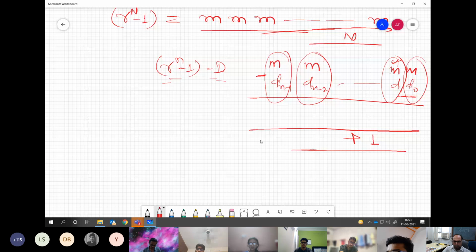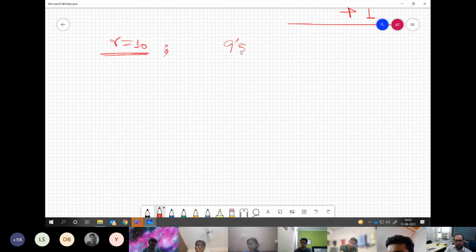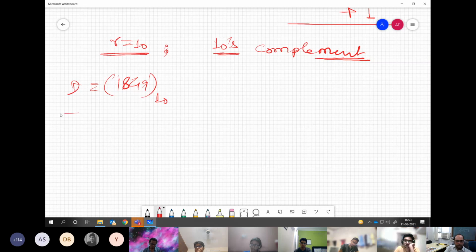So that is why, if I take the specific case of r equal to 10, we call this system 10's complement. So what we will do here, if I take the same example, 1849 at base 10, what would be its complement?